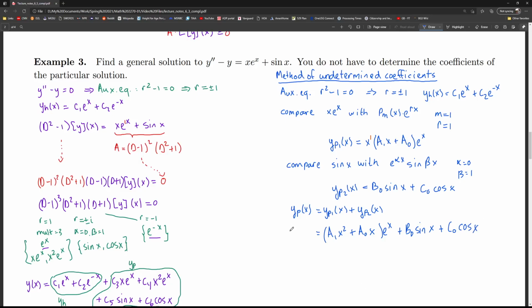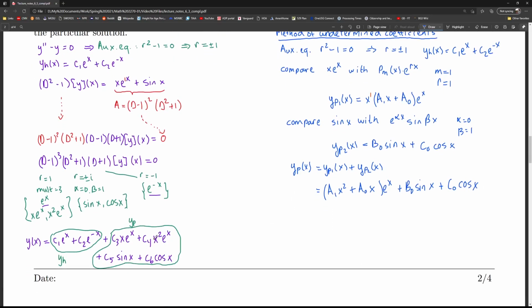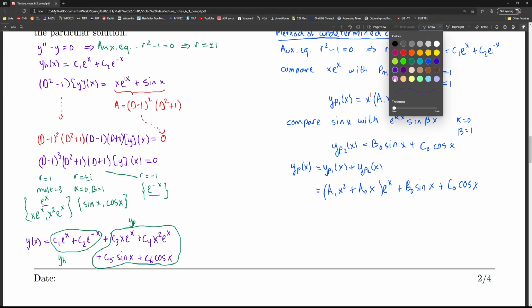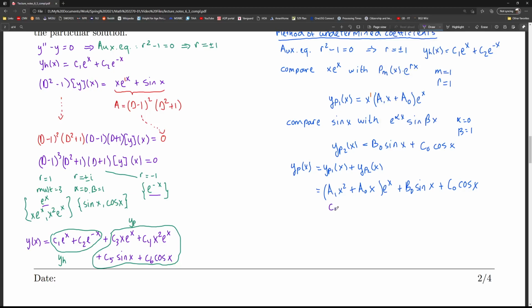And we can verify that that is the same thing as we have over here. So if we actually compare the coefficients that we had before, the coefficient in front of the x squared e to the power x, we called that c4, and that a naught x, that a naught was what we called c3 in the previous solution.